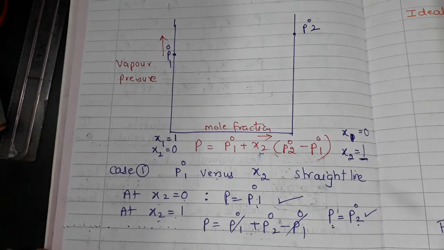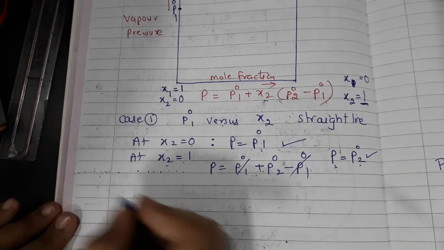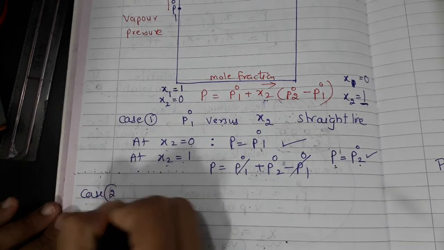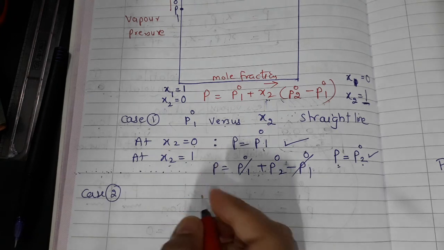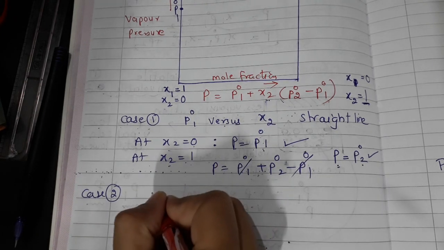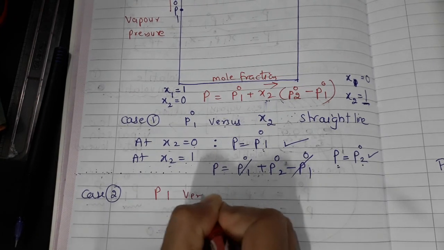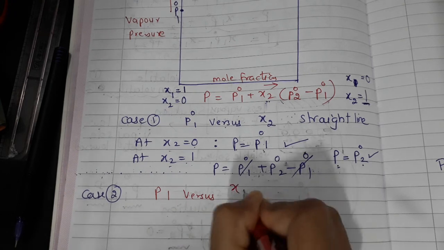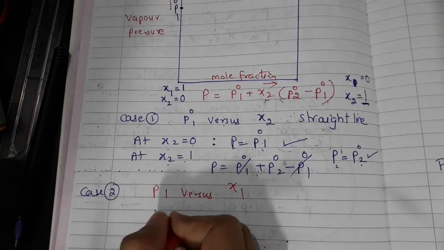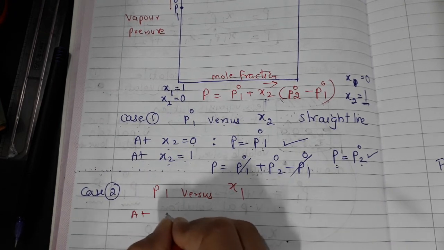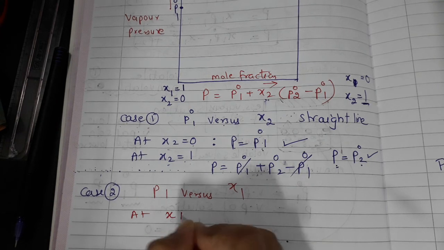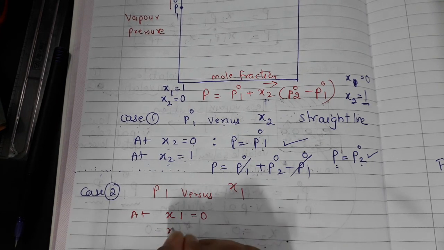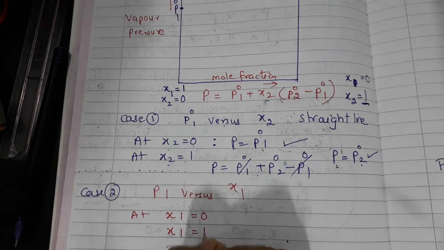Now we are moving towards case 2. For case 2, what you have to see is P1 versus x1. Let us focus on what is going to happen at x1 is equal to 0 and x1 is equal to 1.